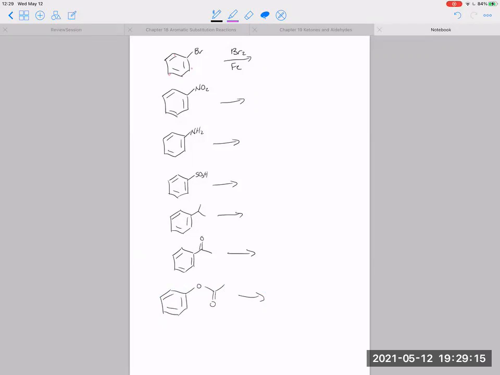Would it be meta-directing? For each one of these, it's going to be a little bit different. So we'll go through how to tell, but see if you can do as many as possible. For each of them, we're going to be adding a bromine. I just got lazy and I didn't want to write that 100 times. So for each of these, do a bromination reaction of the current benzene substituent.